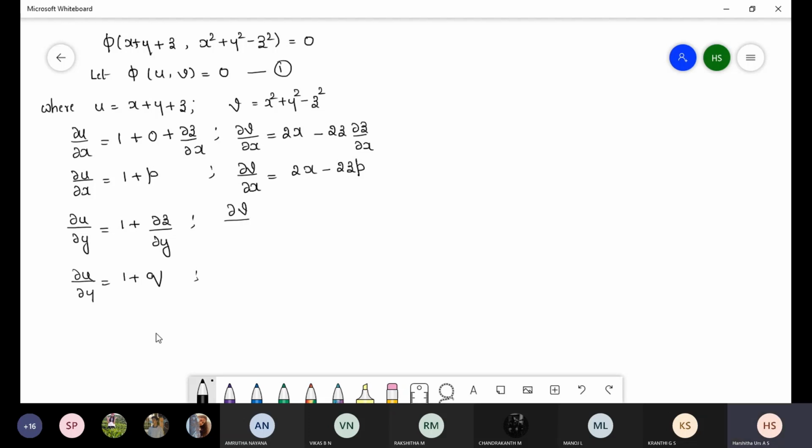Again dou v by dou y is equal to 2y minus 2z into dou z by dou y, so dou v by dou y is equal to 2y minus 2z into q.